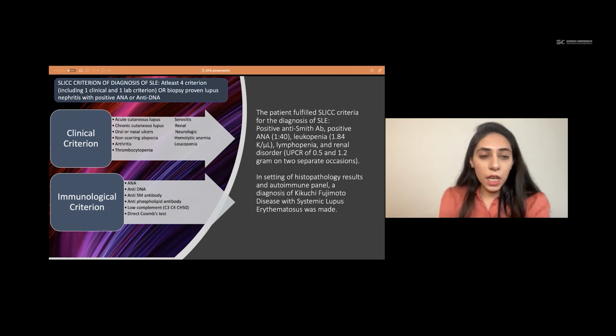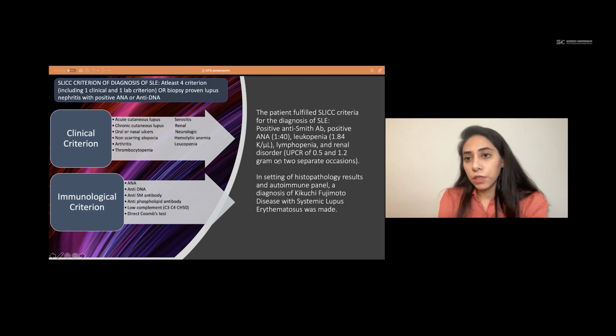Going over the clinical criteria, the patient may have acute or chronic cutaneous lupus, oral or nasal ulcers, non-scarring alopecia, arthritis, serositis, hemolytic anemia, thrombocytopenia or leukopenia, and renal or neurological dysfunction. Going over the immunological or lab criteria, a patient should have ANA antibodies, anti-double-stranded antibodies, anti-smooth muscle antibody, anti-phospholipid antibody, low complement levels, and a positive direct Coombs test.